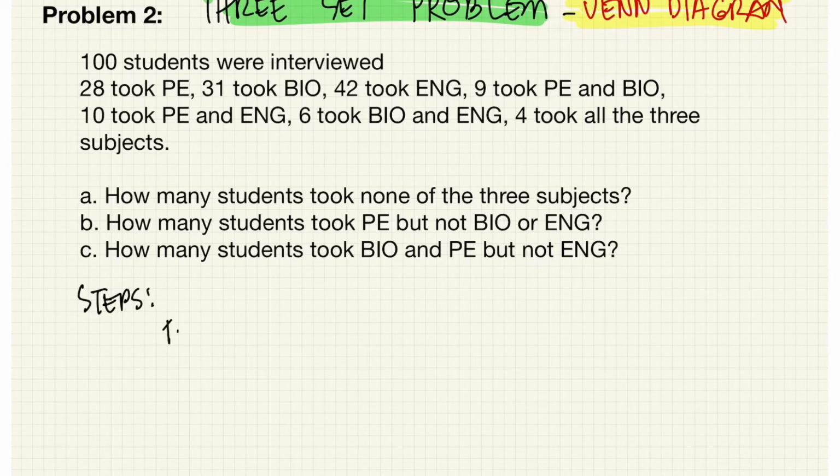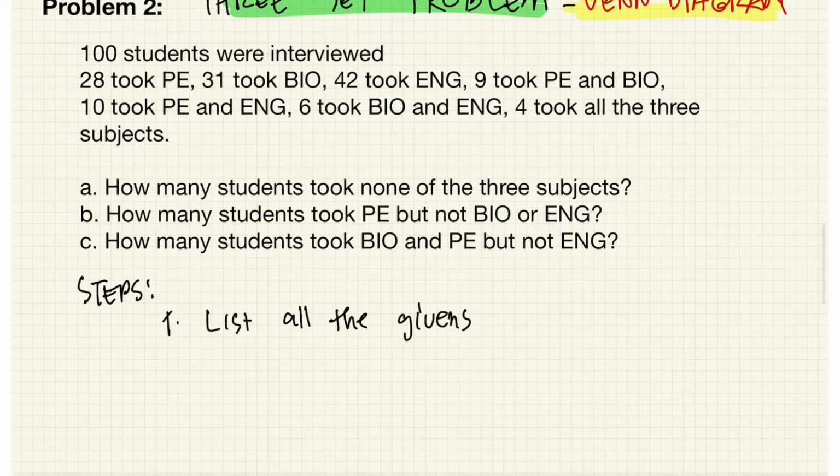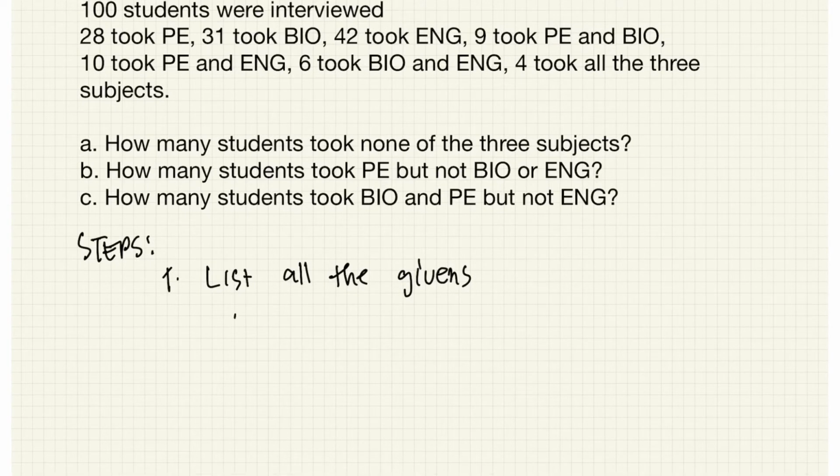Alright, first step is to list all the givens. So we're going to, from the top, start with 100 students. Next, there are 28 who took PE, 31 who studied biology, and 42 who studied English.